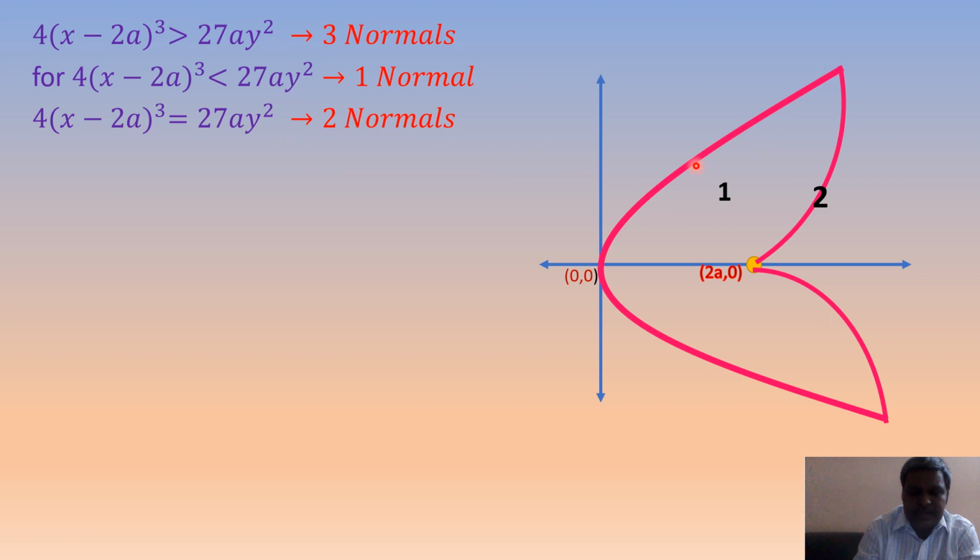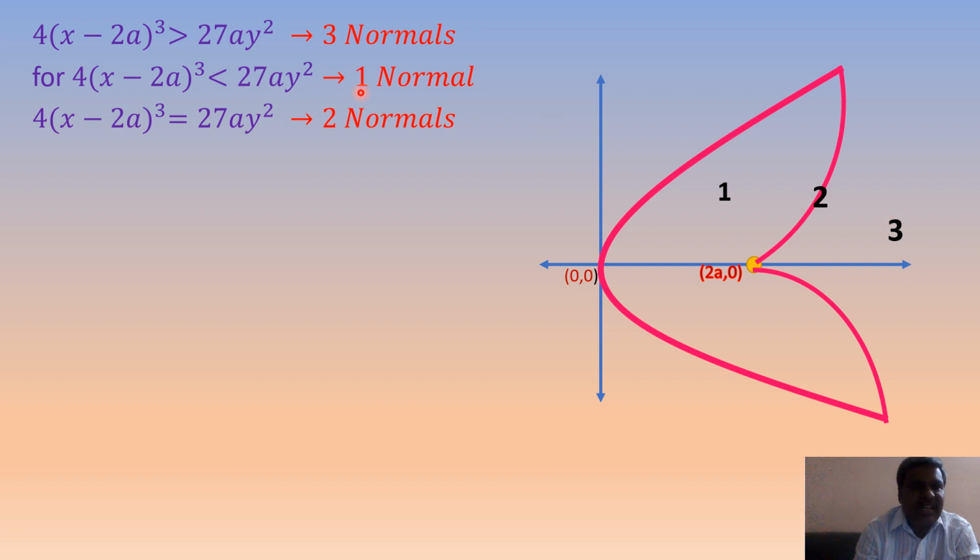Suppose the point is in this other region, that means 4(x − 2a)³ is greater than 27a², the number of real normals is 3. If it is less than, only one real normal. If the equal to case holds, 4(x − 2a)³ is equal to 27a², we get 2 real normals. Otherwise, we get 3 real normals.